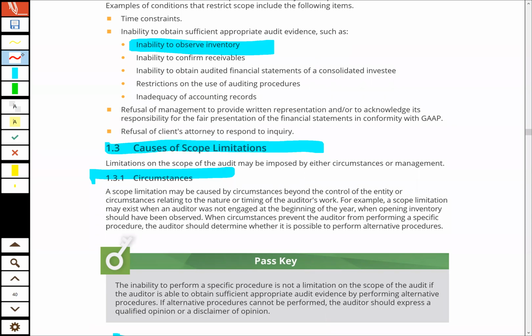No. Your beginning inventory for 2020, frankly, I should have observed at December 31st, 2019. You hire me in February 2020. Well, how can I observe the beginning inventory, last year's ending inventory?